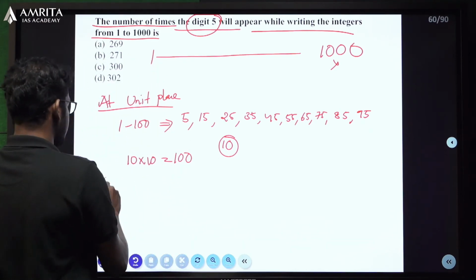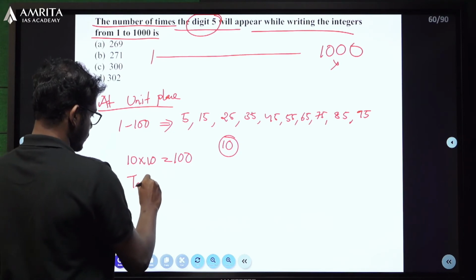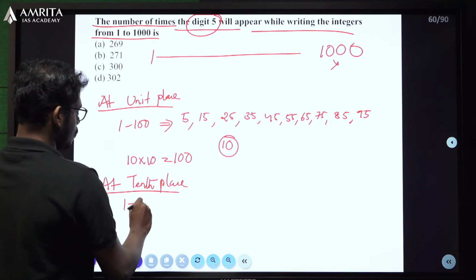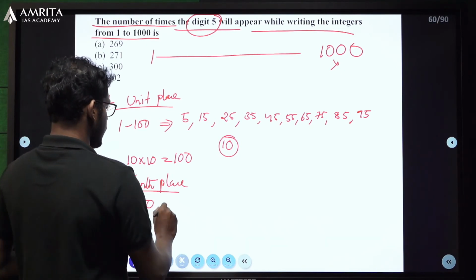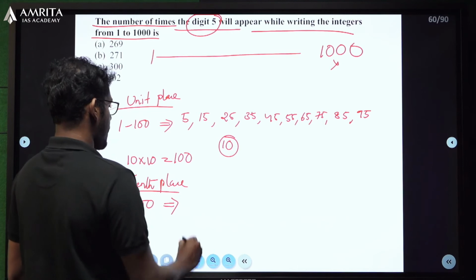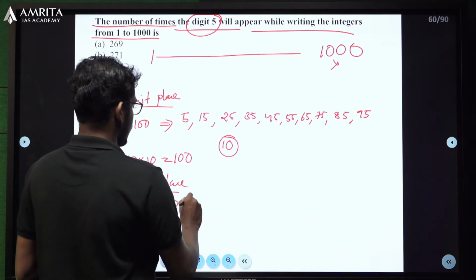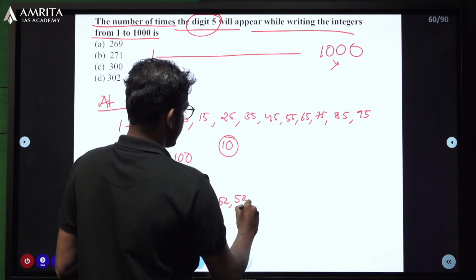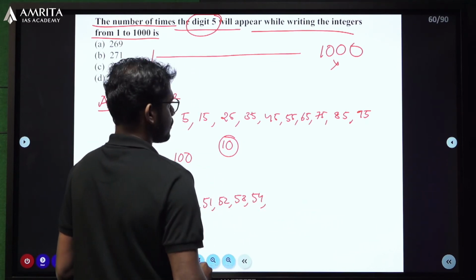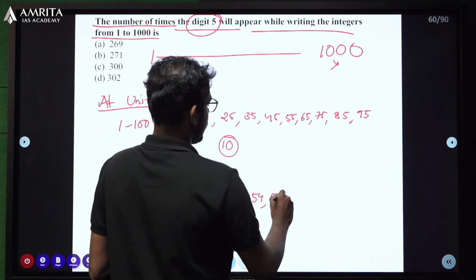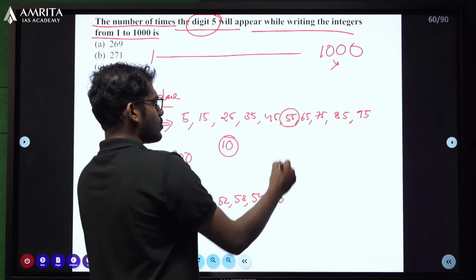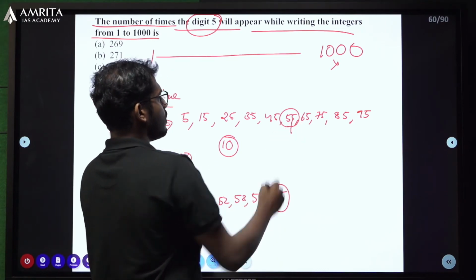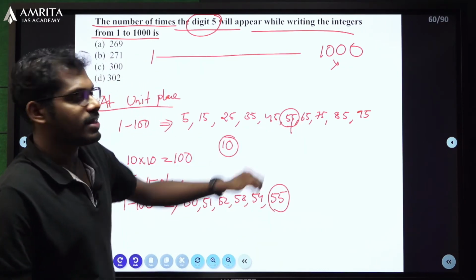Now let's check the tens place. In the range 1 to 100 it appears in 50, 51, 52, 53, 54. Clear? 55. See, here a 55 comes, here also a 55 comes, but there we counted the 5 at the unit place.